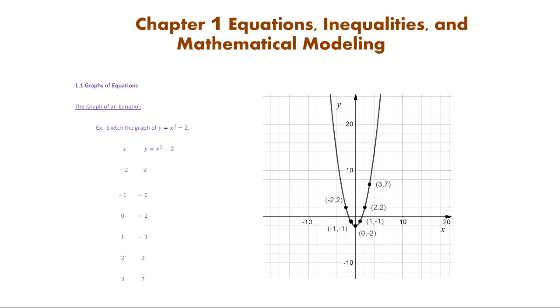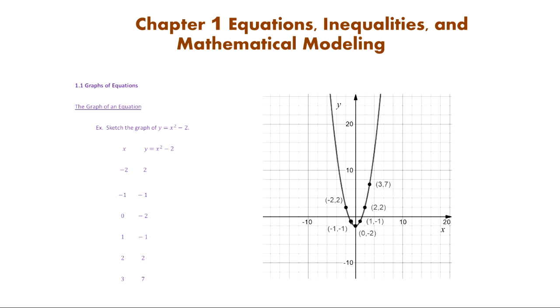Okay, so for example, when x is -2, plug in -2 for x in the equation, we get y equal to x squared, which is -2 squared, which is 4, and then minus 2. So we get the 4 minus 2 equal to 2. And next, I choose x equal to -1. I plug in the equation, so we get y equal to -1 squared minus 2. -1 squared is 1. 1 minus 2 is -1.